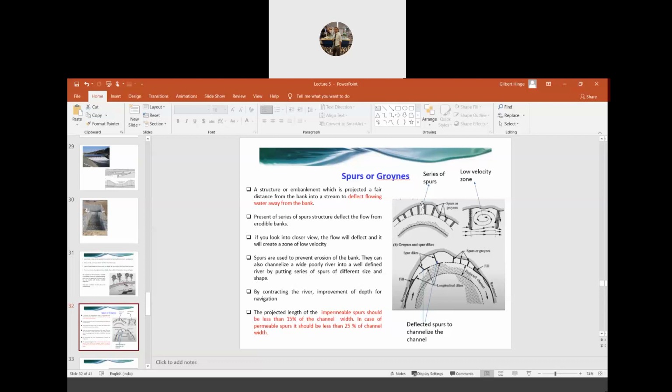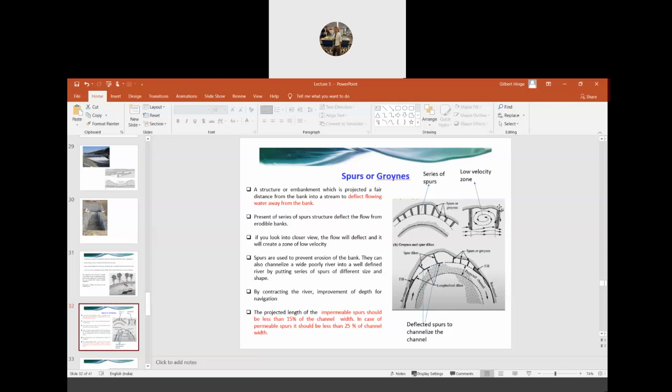Because if you zoom in on the area between these two spurs, you see that because the water is deflected like this, we have a low velocity zone in this area between the spurs. Because the velocity is low, it will not erode this bank, and it will also cause some sedimentation here, which will protect this bank. This is one function of spurs.